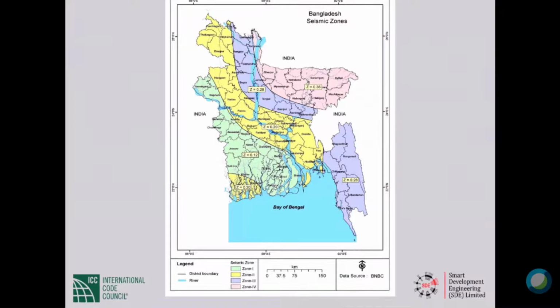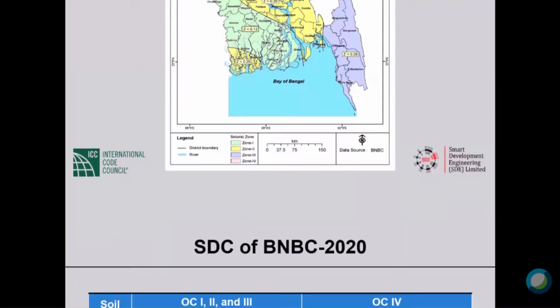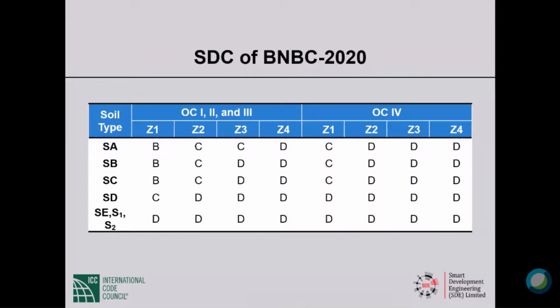Okay. The seismic zoning map, BNBC 2020 gives you directly the seismic design categories depending upon the site class and the seismic zone and the occupancy. Okay, so this is the table.